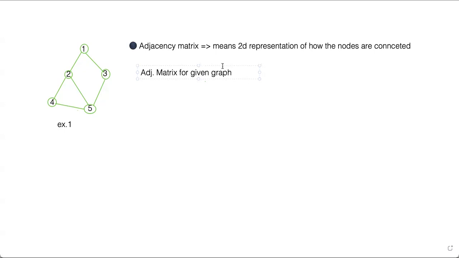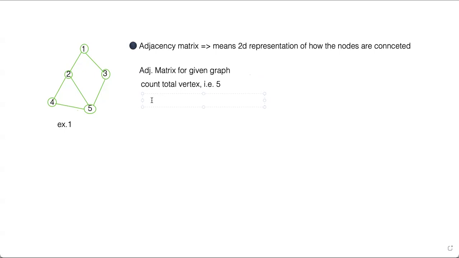So first we need to write down how many edges and how many vertices there are. So count the total vertices, that is 5 in this case. So we have 5 vertices, so 5 nodes in this case. So we have to use a 5 cross 5 matrix.